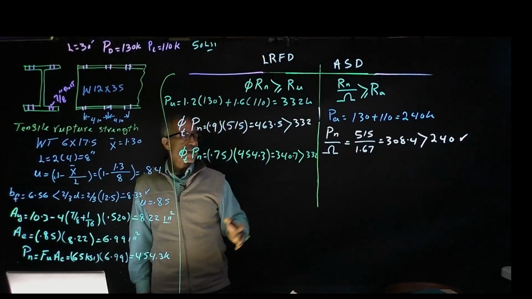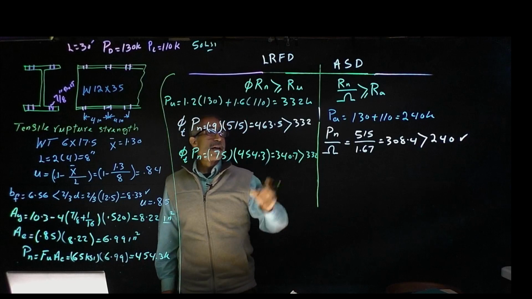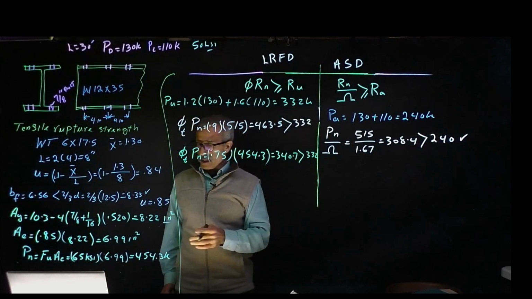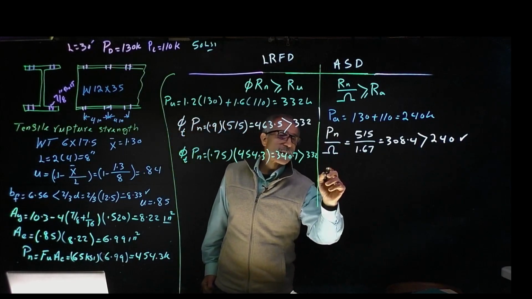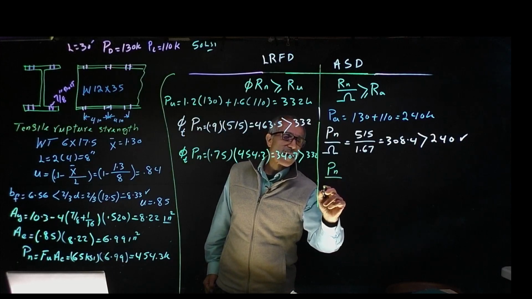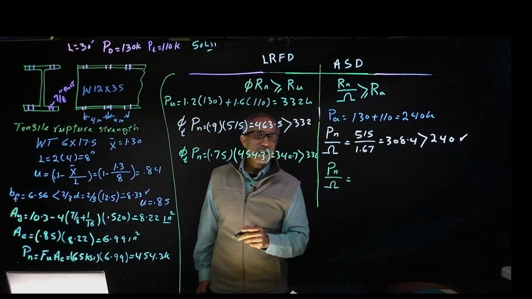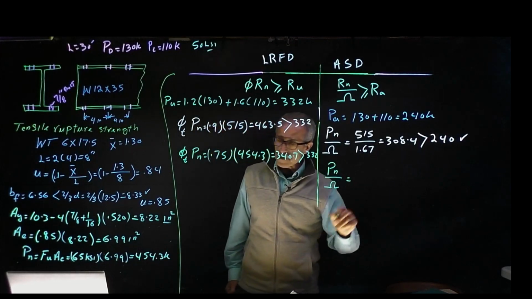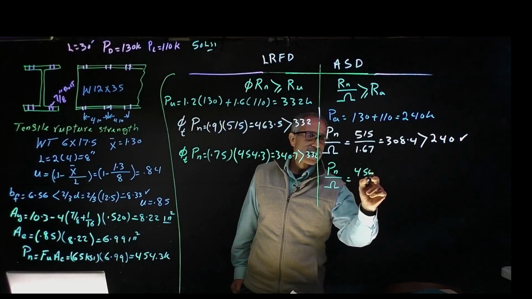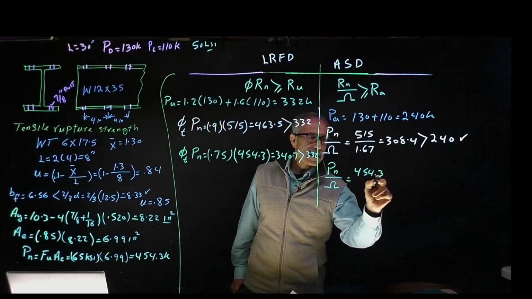Now we're going to go ahead and do the ASD, allowable stress design, and that's going to be the same thing, PN divided by omega, and our PN came out to be 454.3.